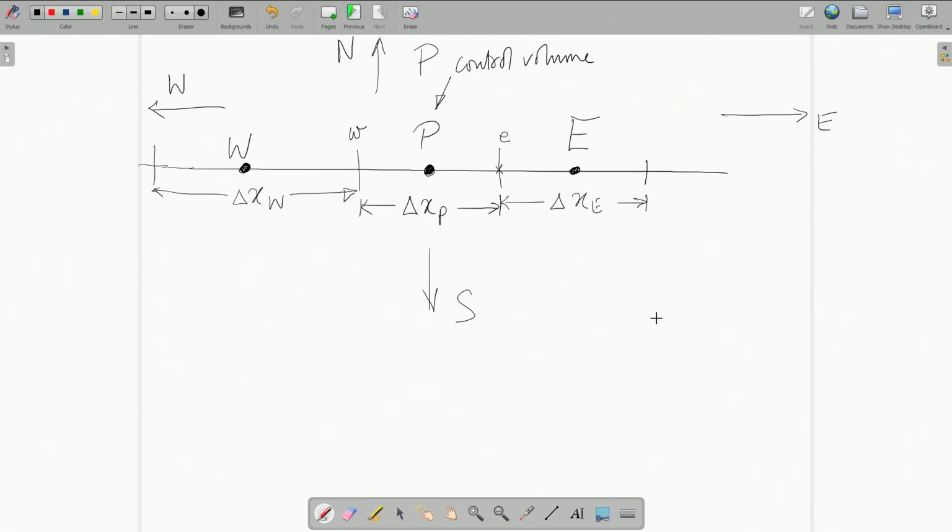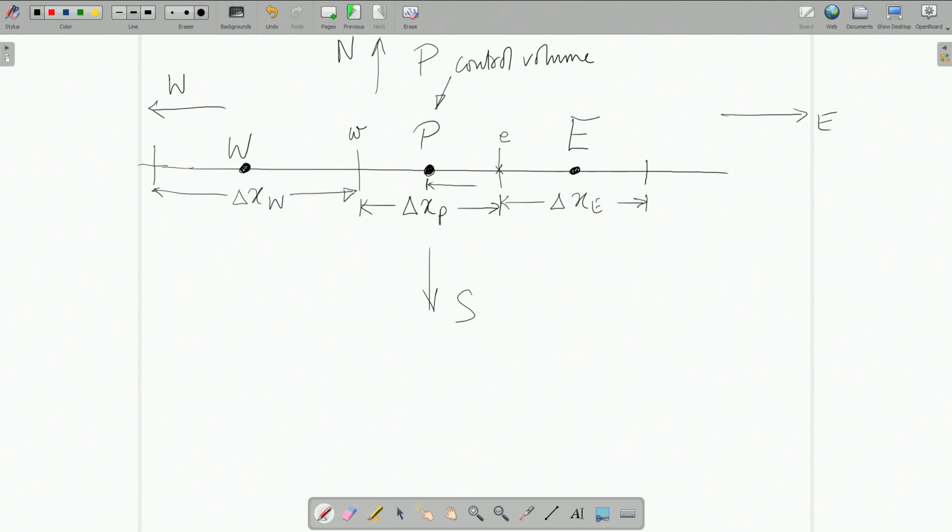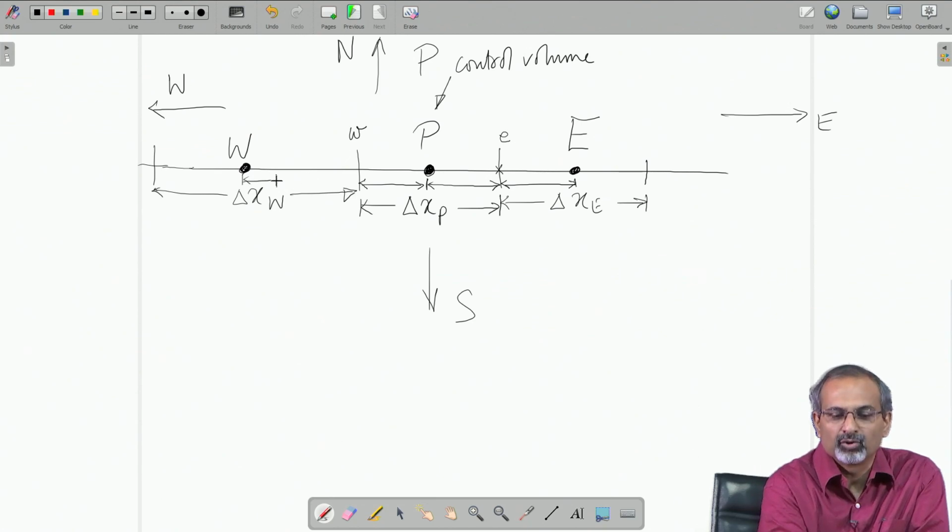So, we have flexibility in defining the lengths of the control volumes. Again, it is always better to have a clearer definition of these distances from the nodes to the faces. You would often need these distances when you do finite volume calculations.